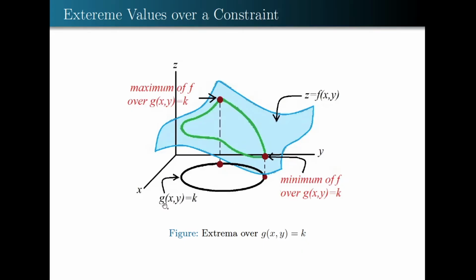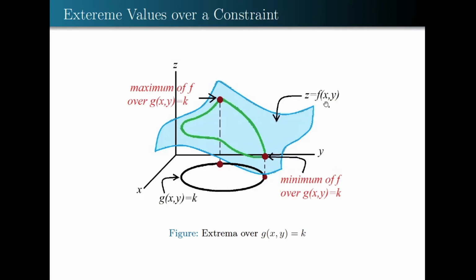Some boundary curves are expressed in a complicated equation given by g of x, y equals a constant. In that case, it is not easy to express the function f in terms of only one variable. This method that we will be talking about today can also be used to find the extreme values of a function over a boundary curve.